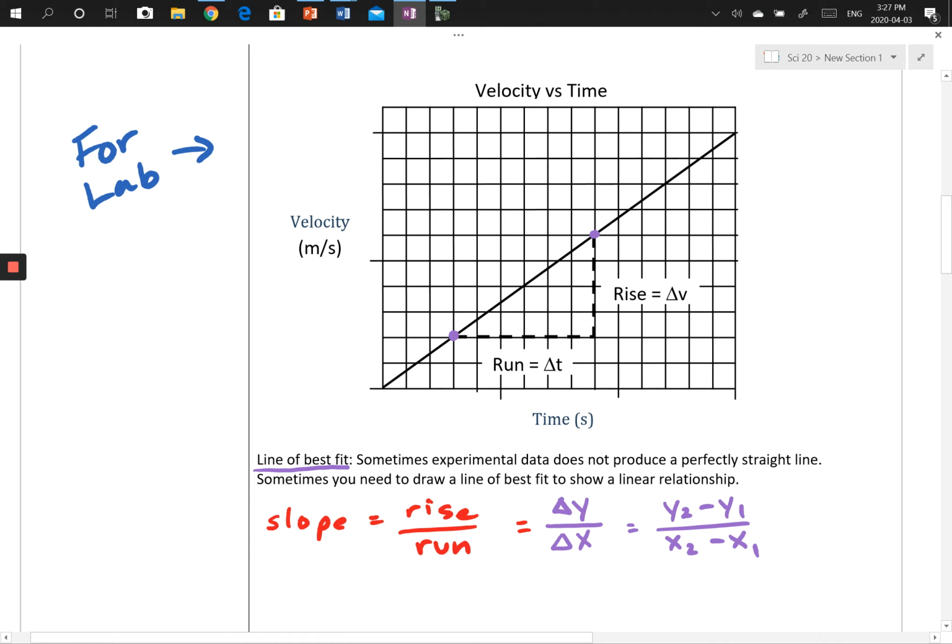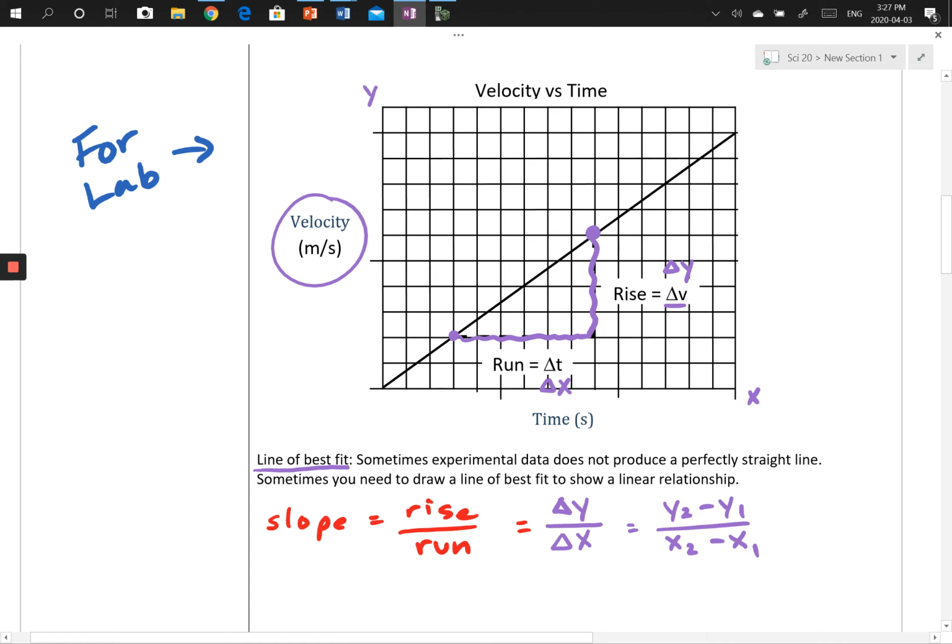Now, your delta y is your rise here. We all know this is your y-axis, this is your x-axis. So my change in my values on my y-axis is my velocity, so my change in velocity is also the change in my y values. And the change in my time is also the change in my x values.